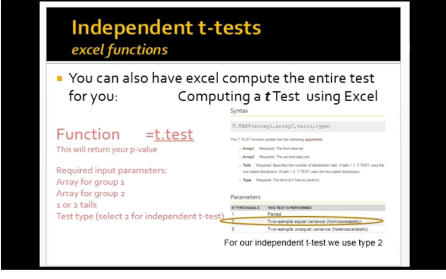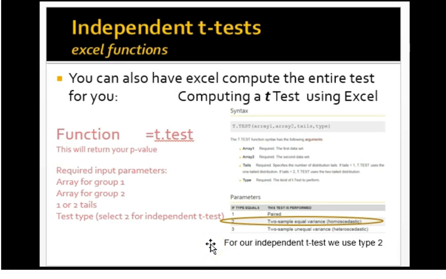What this is doing is basically bypassing us having to calculate that formula for the test statistic. All we have to do is highlight which array is our first group, put in a comma, highlight the array for the second group, put in a comma, tell it whether we're doing 1 or 2 tails, put in another comma, and then put in either a 1, 2, or 3 to specify which type of t-test we want.